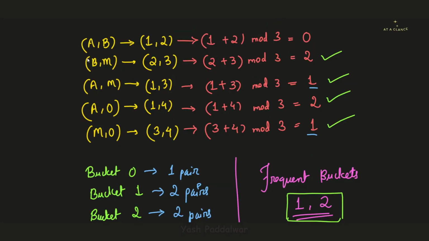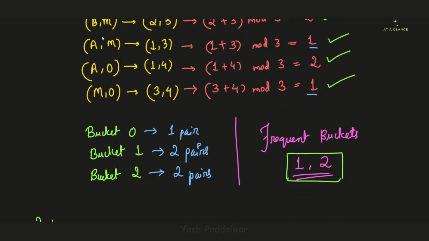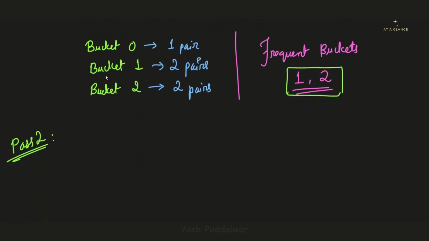We are going to exclude the pair AB because it is not a part of the frequent bucket, that is bucket 0. So I hope it is clear. Let's take all these 4 pairs to pass 2.